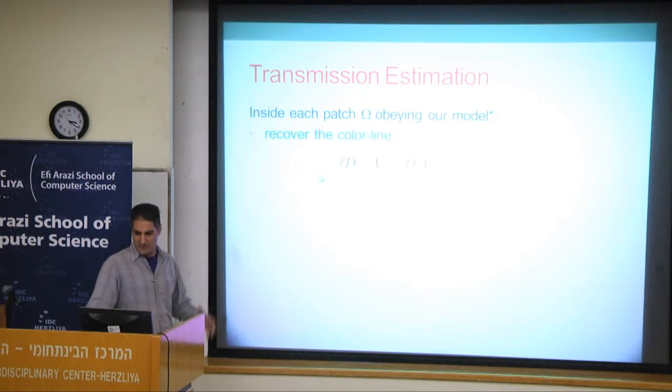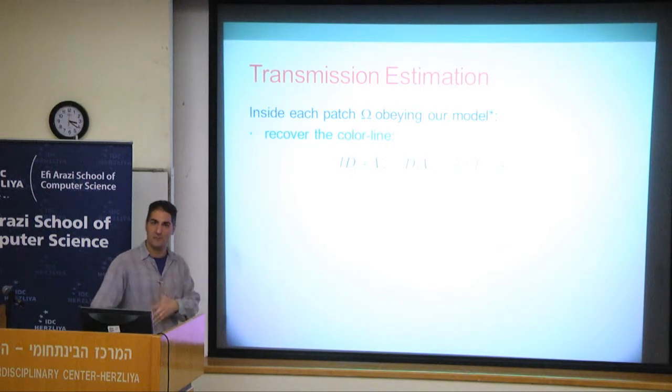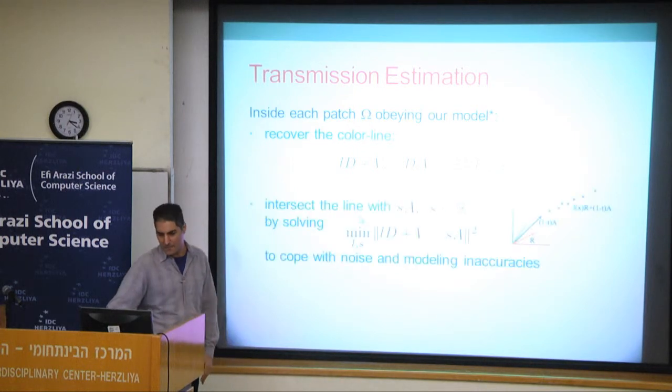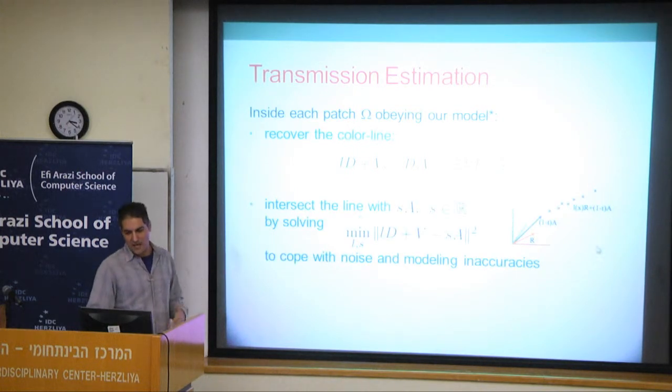Okay, so assuming this is indeed the case, and assume that we manage to extract patches in the image in which these assumptions hold, meaning that the pixels lie on a color line, the way we estimate the transmission is simply by evaluating the offset of that line from the origin.